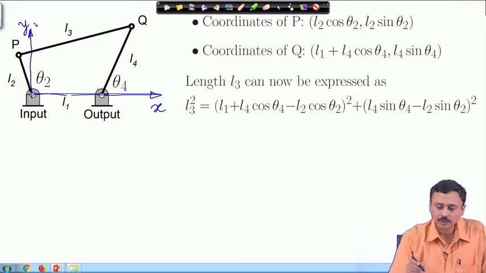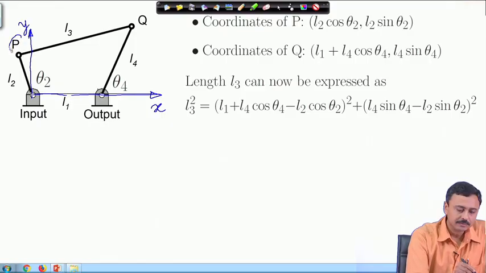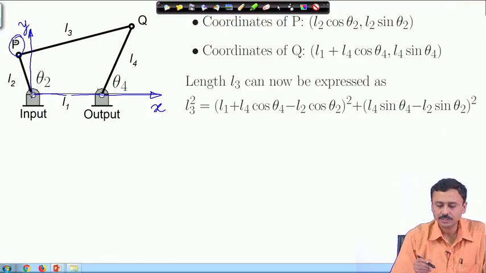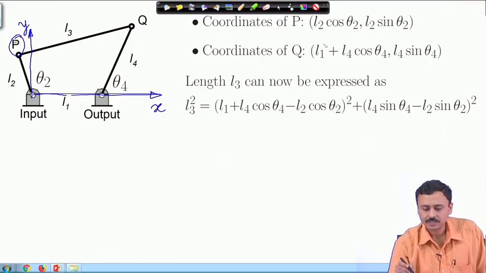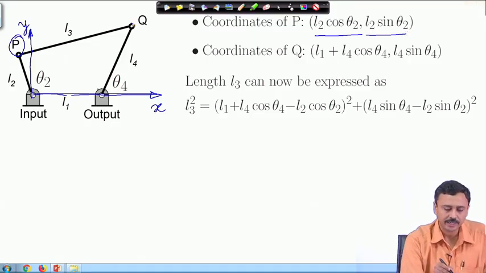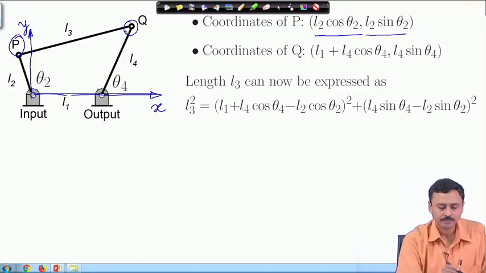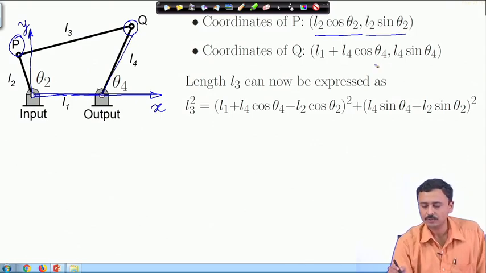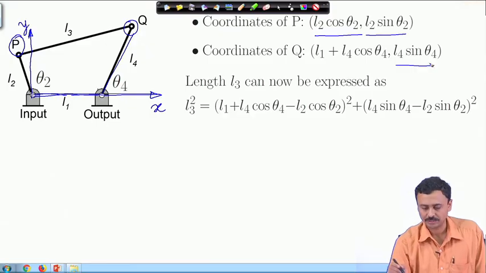I have written out the coordinates of point P, which is one of the revolute pairs. It is very simple to write it out. So, this is L2 cos theta 2 is Px and L2 sin theta 2 is Py. Similarly, the coordinates of point Q, it is L1 plus L4 cos theta 4 and L4 sin theta 4.